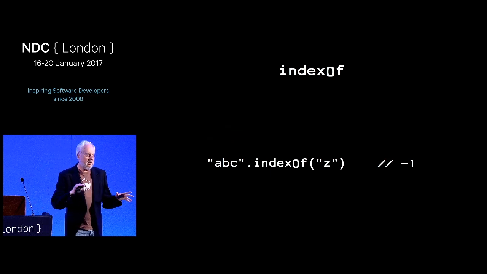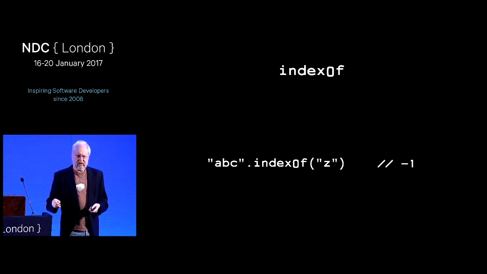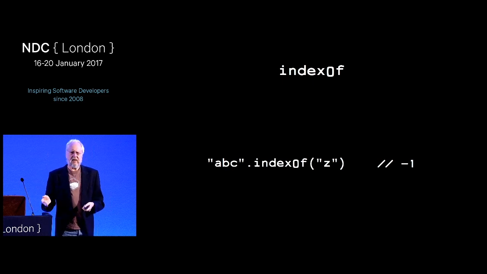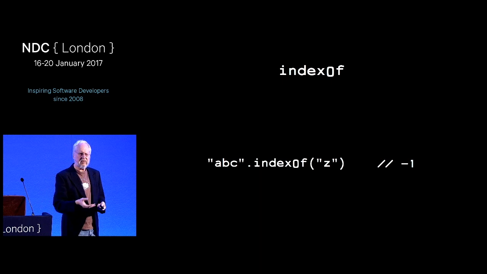Another example of Java's dilemma with types is in the indexOf method. So it wants to return the character position at which we find a particular substring. But there's a chance that it might not find it. And so what they should have returned would have been null, or something which indicates we didn't find it.